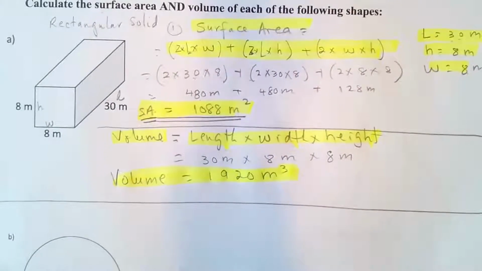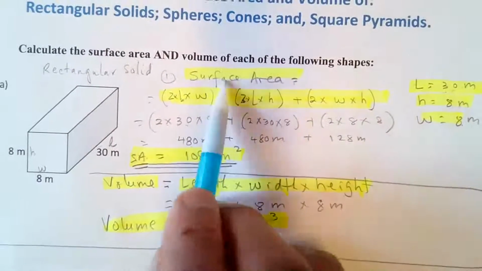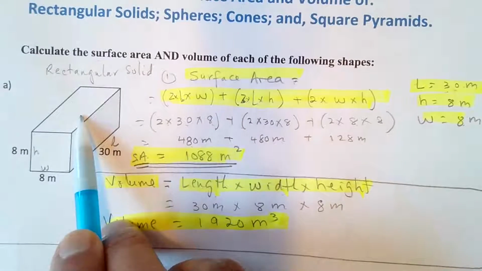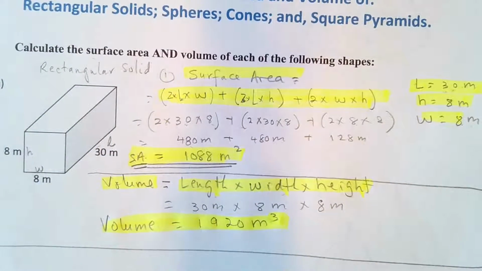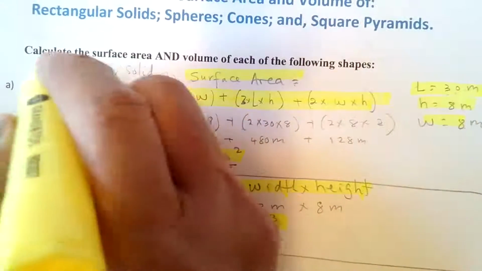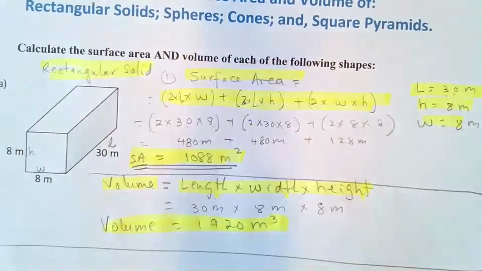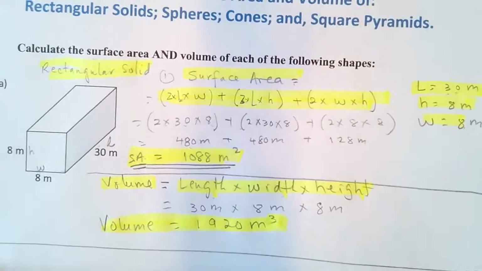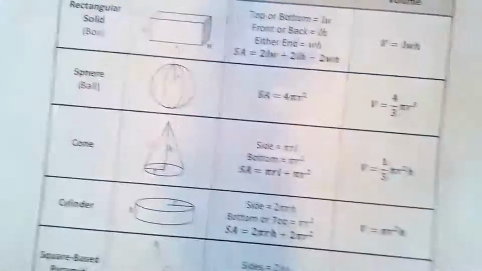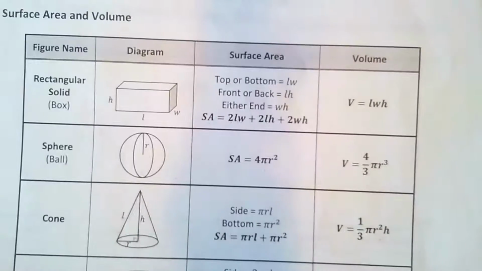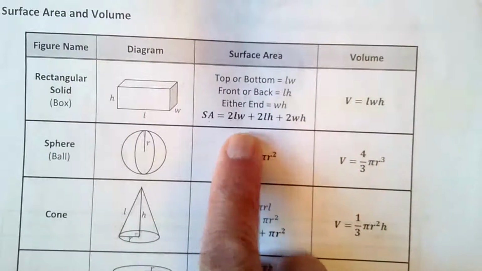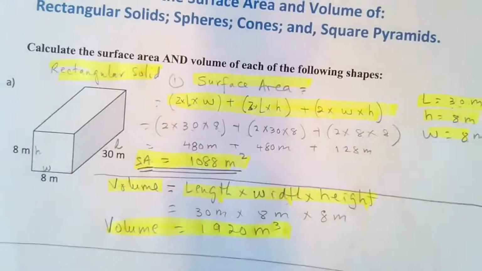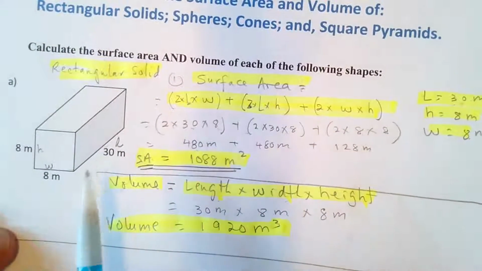So just recall step 1, once you identify what solid it is, so we use a rectangular solid, you go to your formula sheet to discover the formula. Then we record the formula down.